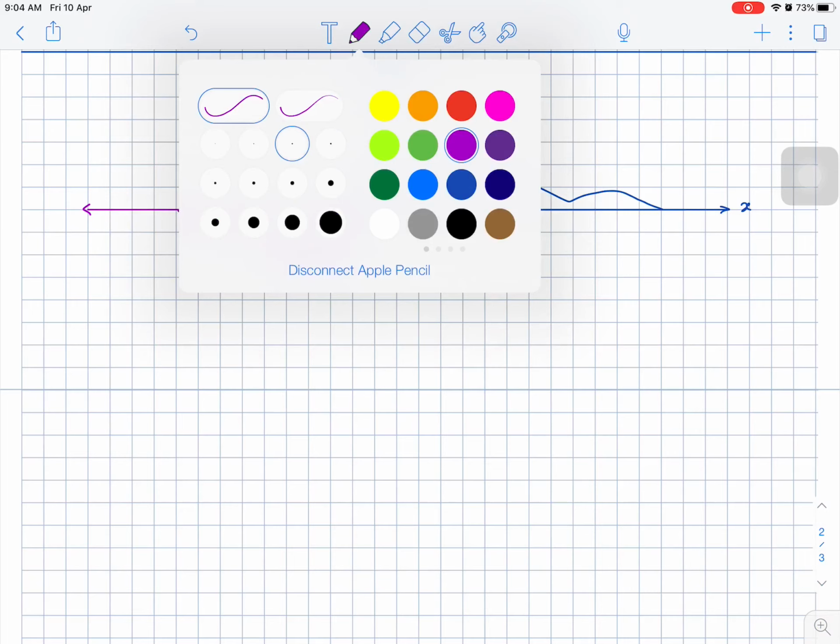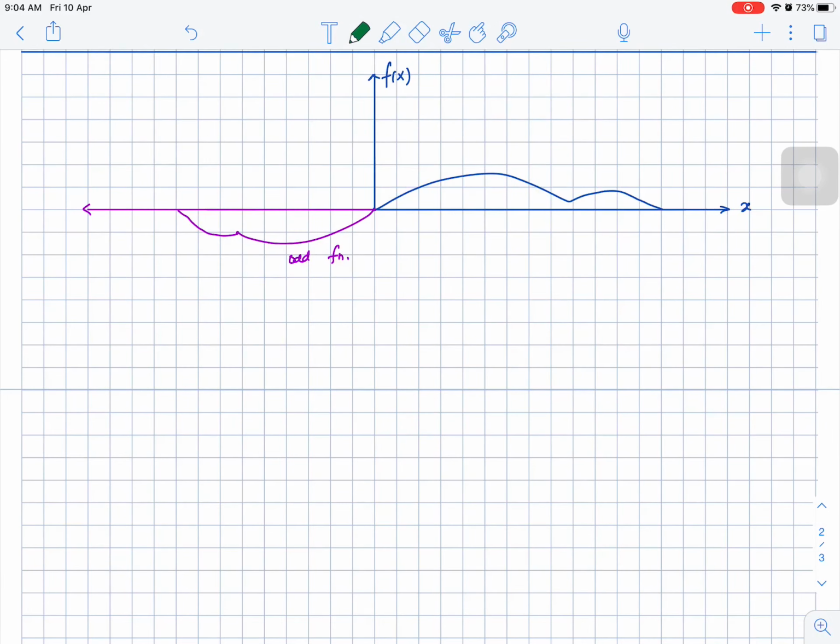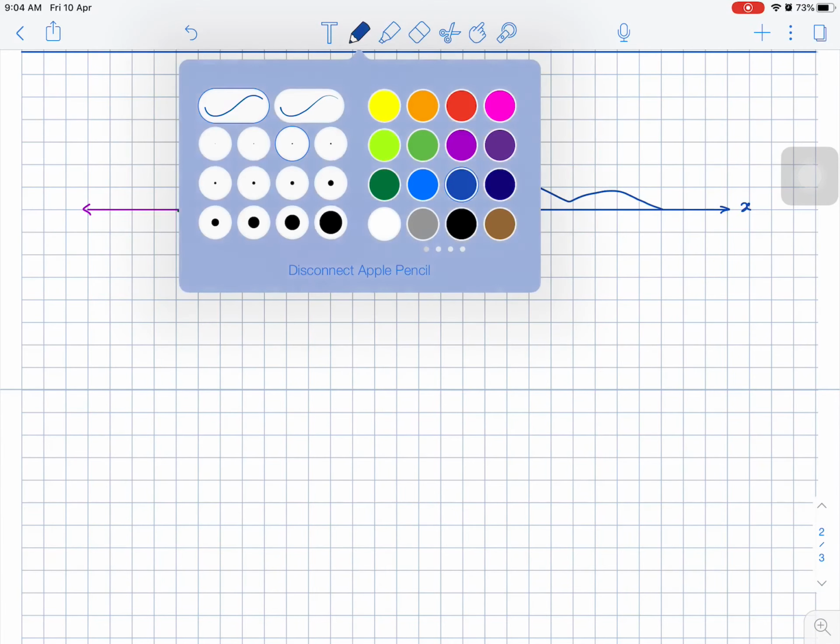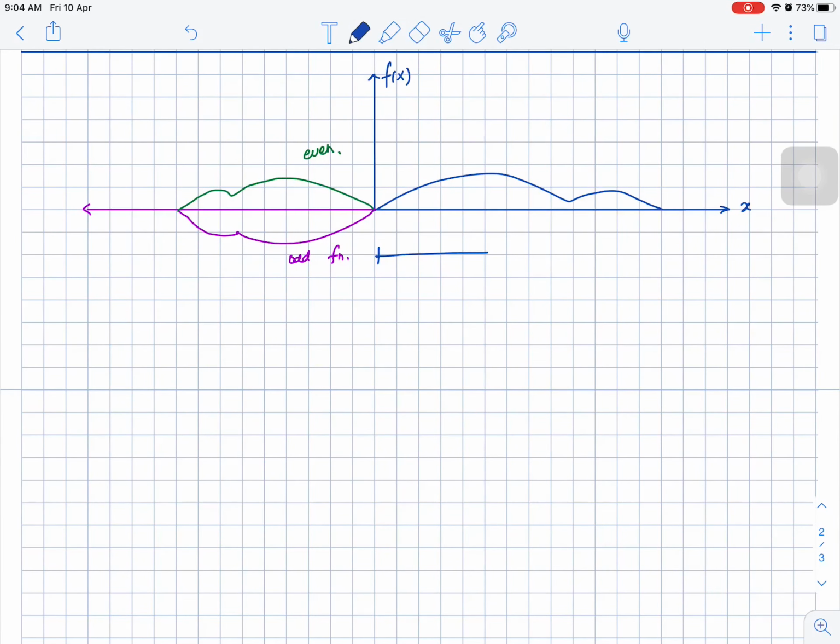The other way I am assuming is for an even function. So what is the time period? The time period will be, this is T and this is also T. So therefore the time period will be 2T.